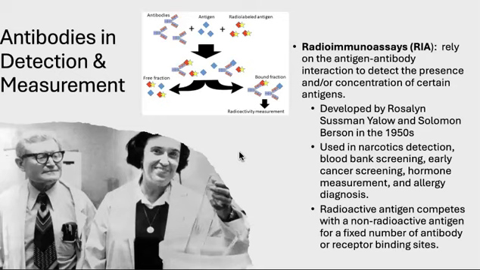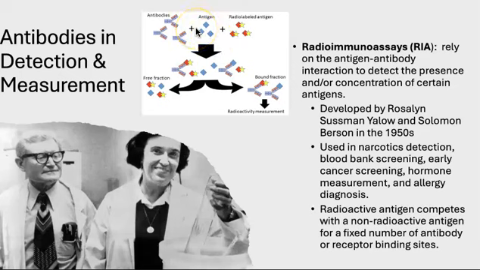And the last thing to mention is antibodies in detection and measurement. We have this radioimmunoassay, or RIA, in which we are going to rely on that antigen-antibody interaction to be able to detect the presence and or the concentration of certain antigens. So we can see this taking place over here.